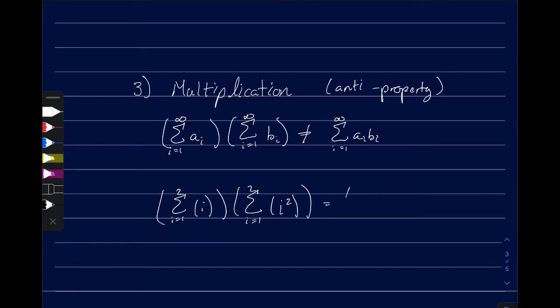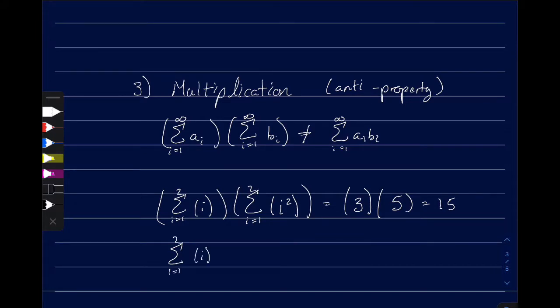Okay, so if we were to actually look at it like this, we would have the sum from 1 to 2 of i is 3, and the sum from 1 to 2 of i squared is 1 squared plus 2 squared, so that's going to be 5, so the product is 15.